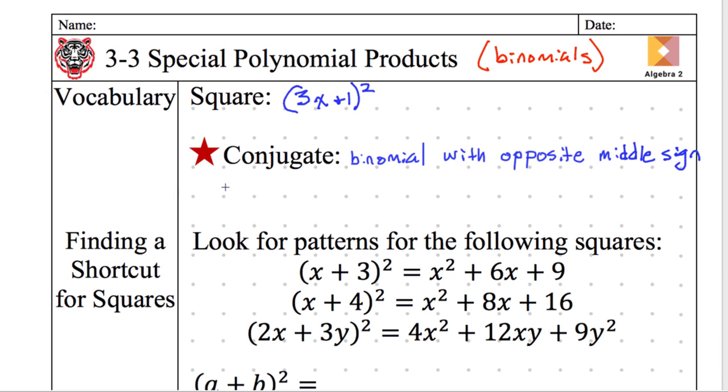For example, these two things are conjugates: 3x plus 1, and I need the opposite middle sign, so the conjugate pair is 3x minus 1. Those two are conjugates of each other. If you're trying to find the conjugate of a binomial, just switch that middle sign, you're good. We're good on what a conjugate is.